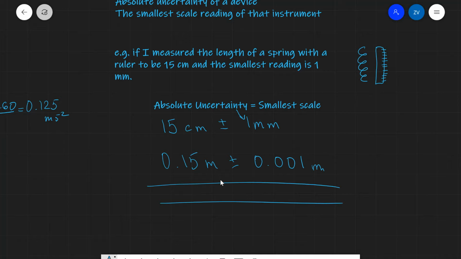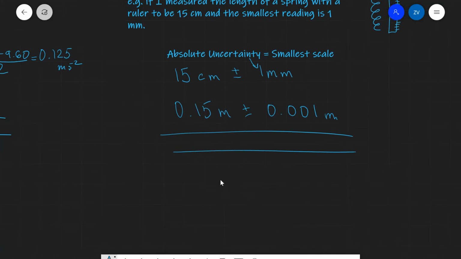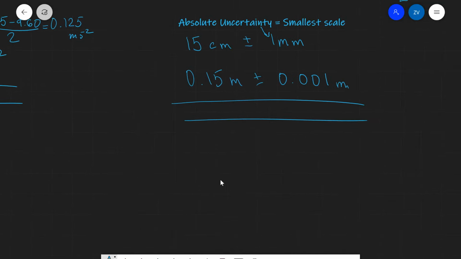If we had a digital instrument, for instance, let's say that I had a reading of a scale which was saying, let's say 5.41 kilograms. The absolute uncertainty is defined in this case as the smallest digit on that instrument.